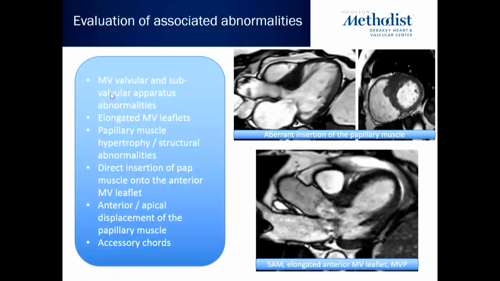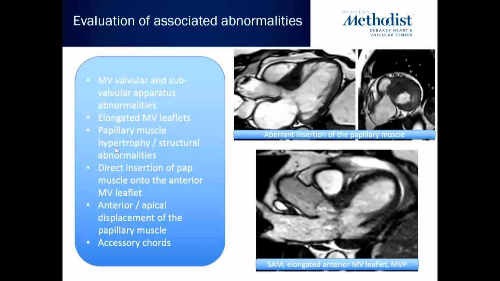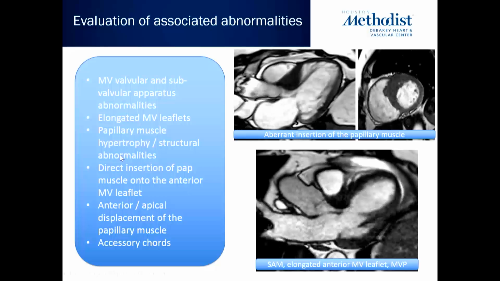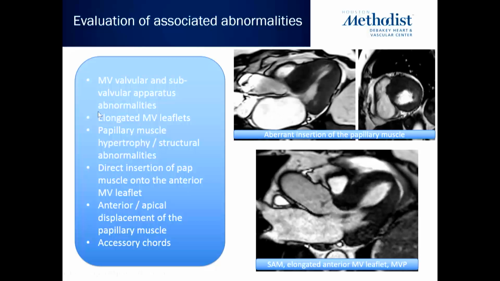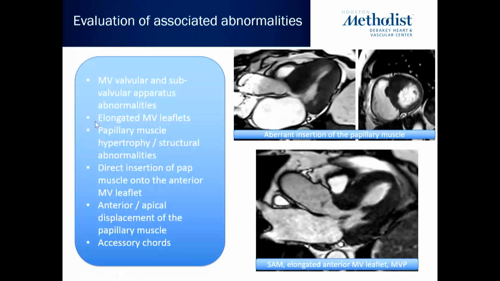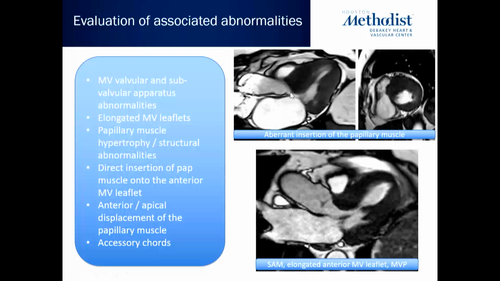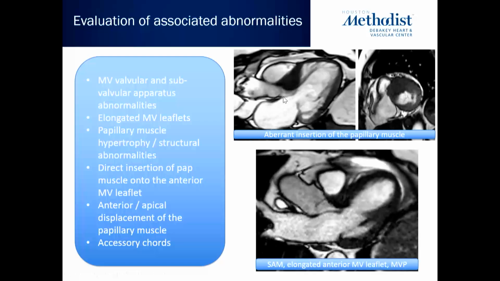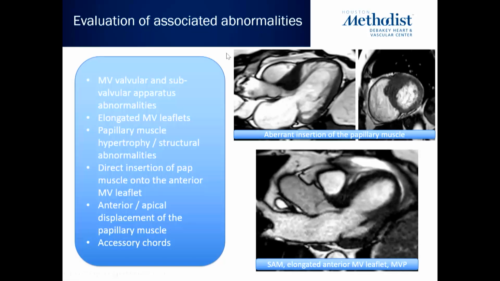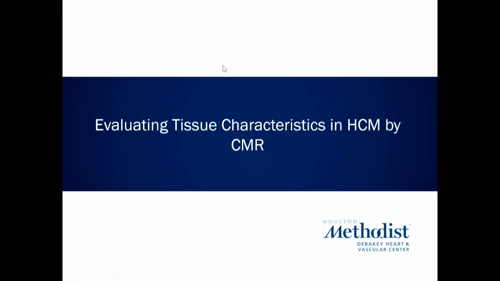And then you have to look for other abnormalities, such as accessory cords and bifid papillary muscles. These sometimes can be better seen by TEE rather than CMR, because these sequences are done over multiple heartbeats. So if you have a highly mobile structure that is moving somewhat randomly, you may not be able to see it very well. And obviously the temporal resolution is going to be lower.